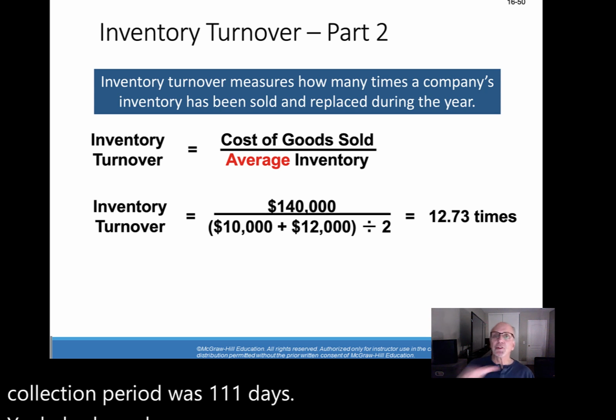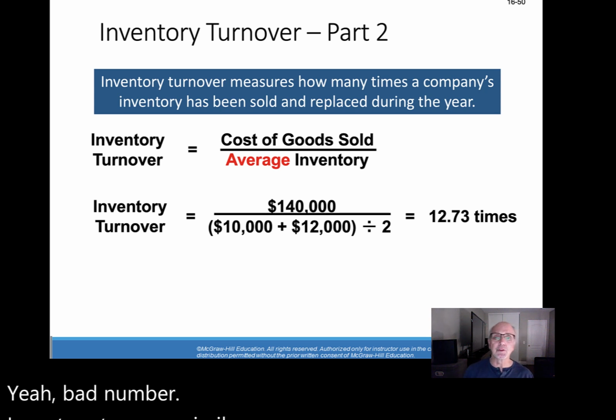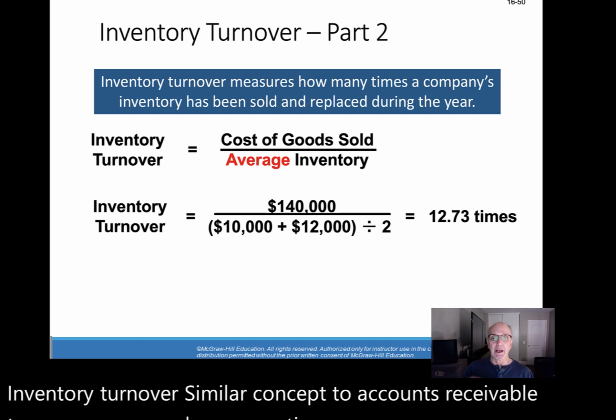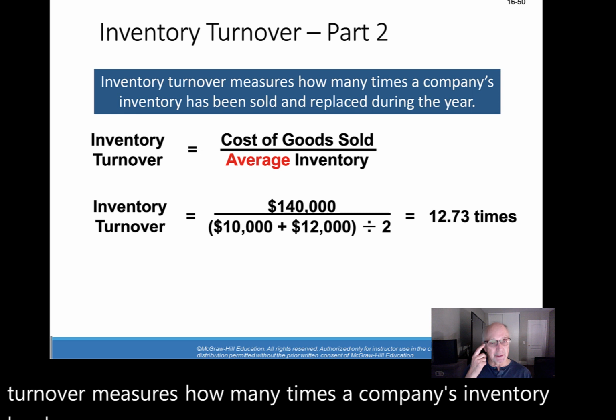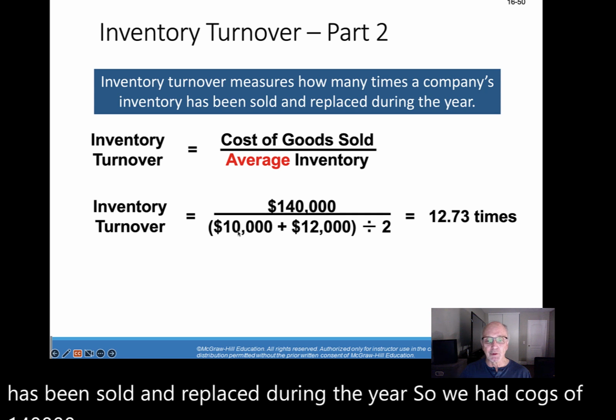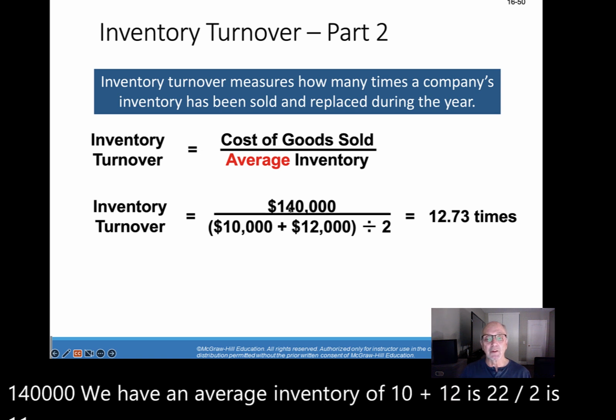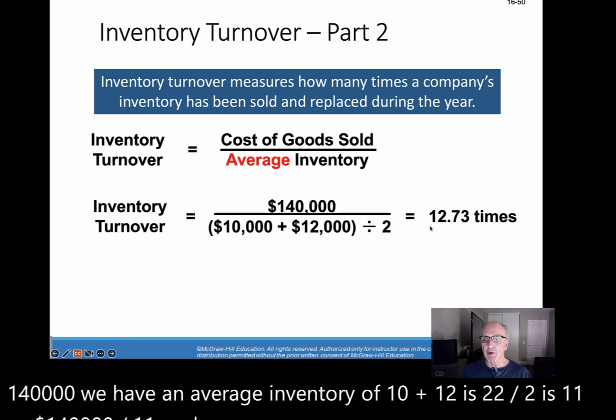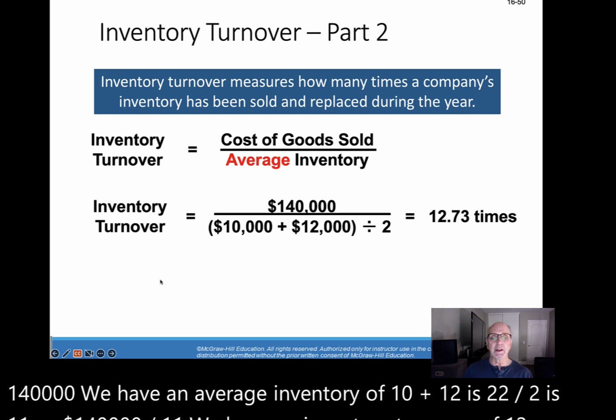Inventory turnover, similar concept to accounts receivable turnover. Measures how many times a company's inventory has been sold and replaced during the year. So we had COGS of 140,000. We have an average inventory of 10 plus 12 is 22, divided by 2 is 11. So $140,000 divided by 11, we have an inventory turnover of 12.73.